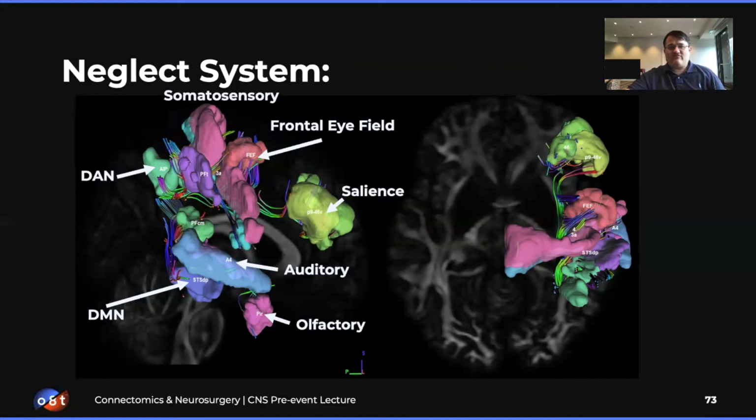And so at first we were kind of baffled because it didn't really fit with what we expected. But what we eventually figured out is that neglect was a problem that occurred when the fibers that joined different parts of different networks, that were allowing them to make a combined version of a single world, were damaged. It's really a problem of white matter.